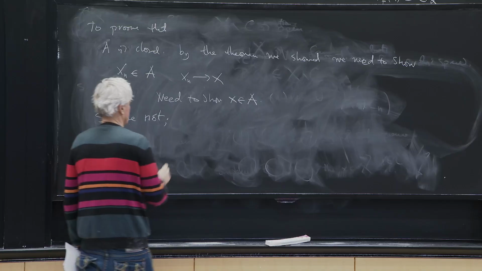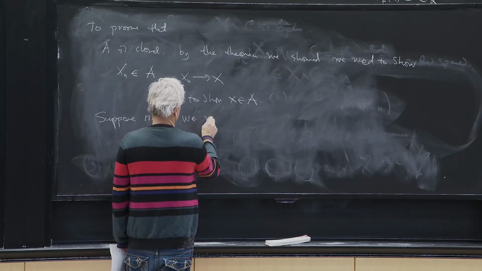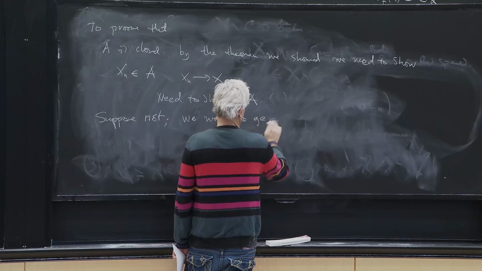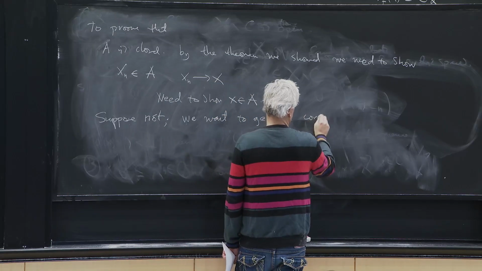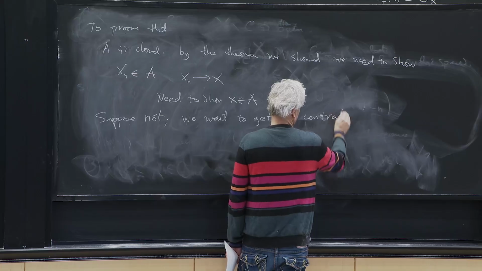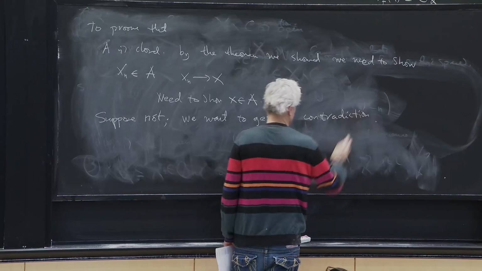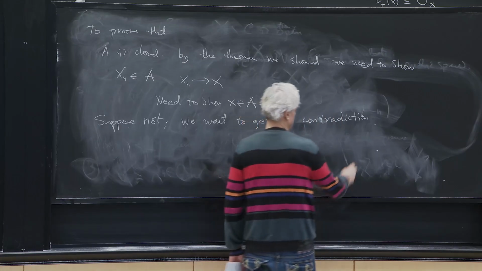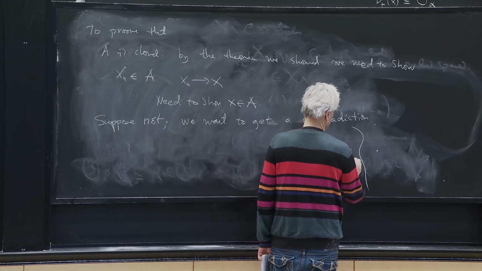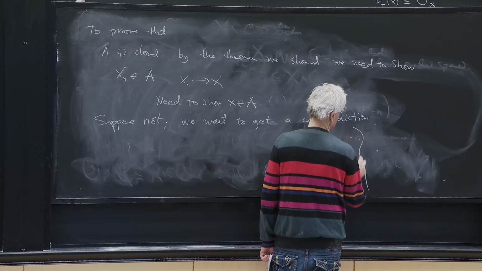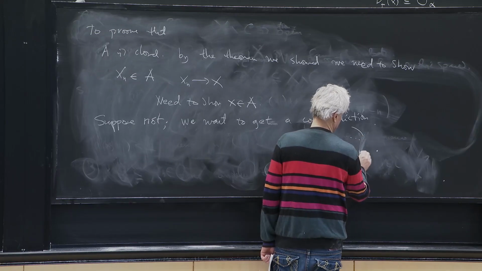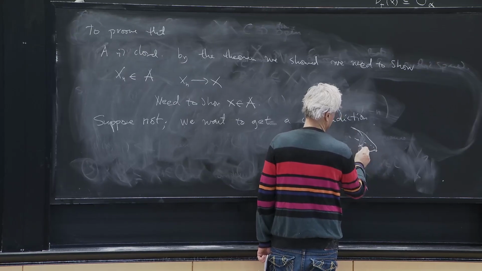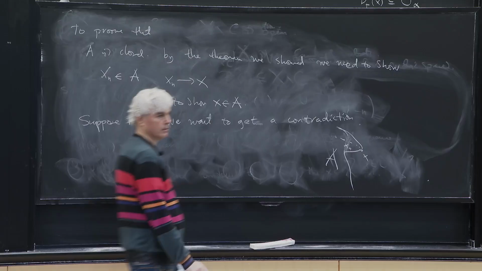Suppose not, we want to show that this leads to a contradiction. So you have this x here, and you're assuming that x is not in A, but yet you have a sequence xn in A that tends to this element.